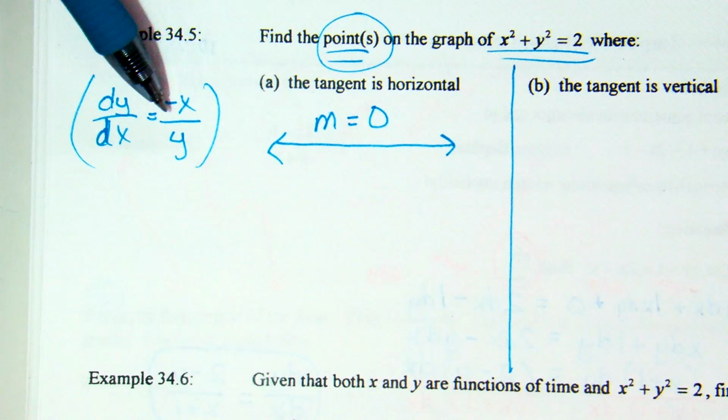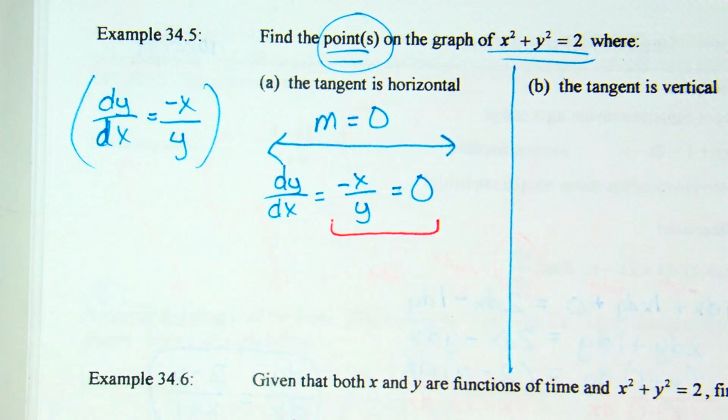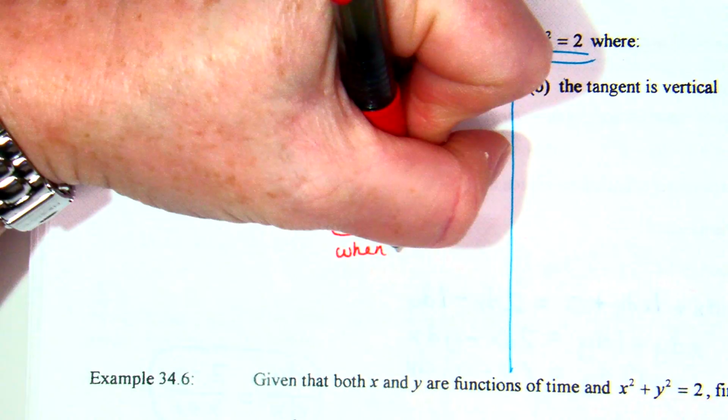So what I want us to think, we know already that dy/dx is negative x over y equals 0. So what makes a fraction equal 0? When the numerator is 0. So when will negative x over y equal 0? When x equals 0. So they want to know the points where this is true.